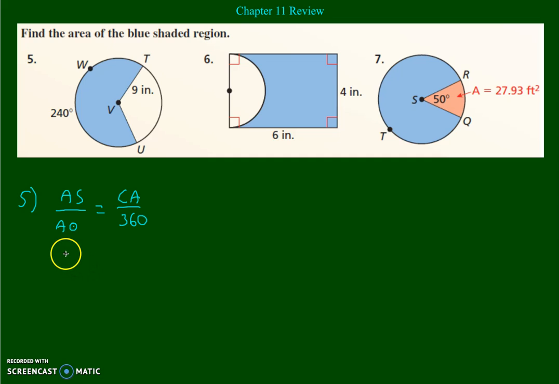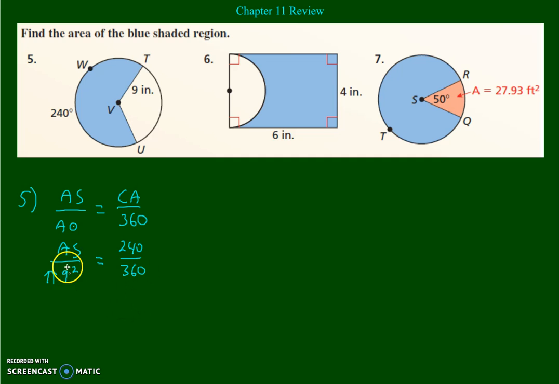Let's go ahead and put in what we know. We're looking for the area of the sector. Our area of a circle is going to be pi r squared. So the area of the circle is pi 9 squared. The central angle is 240 degrees, and that's divided by 360.